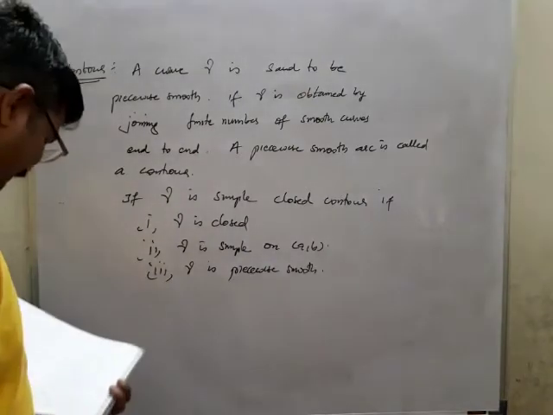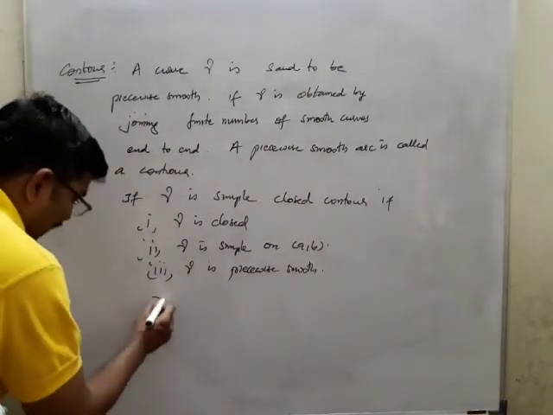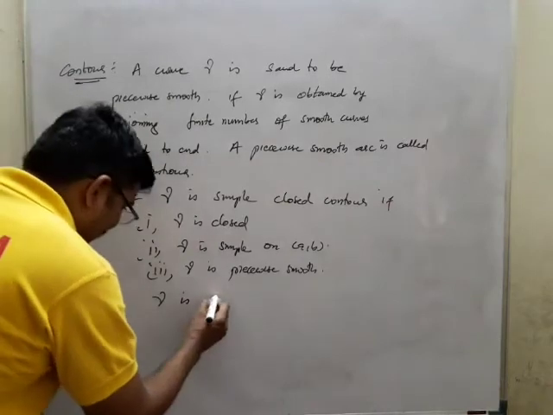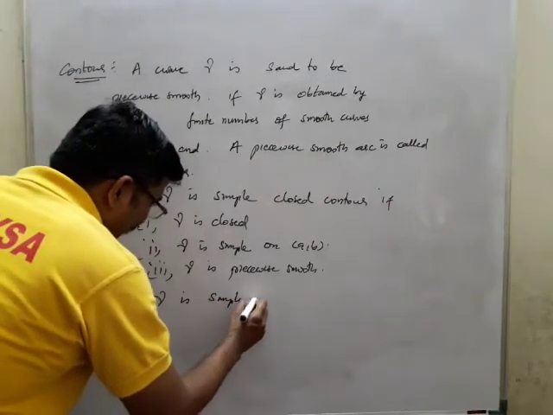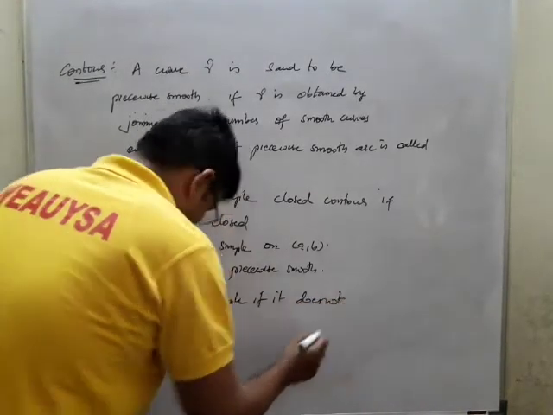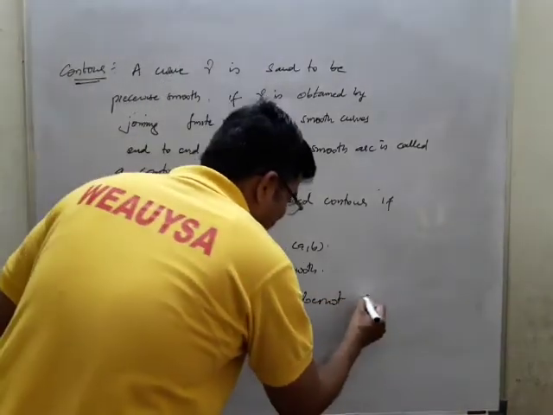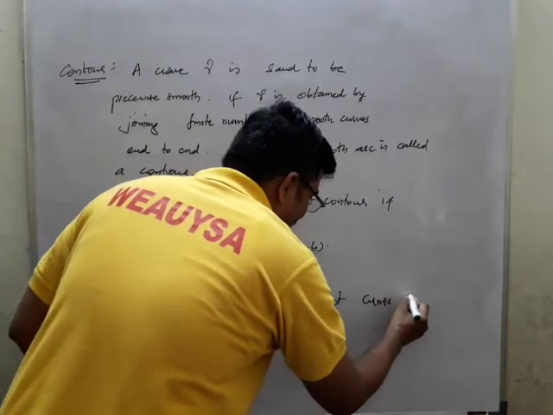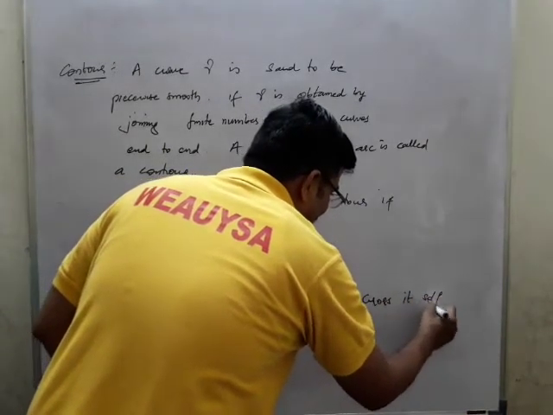You have to note that gamma is simple if it does not intersect or cross itself.